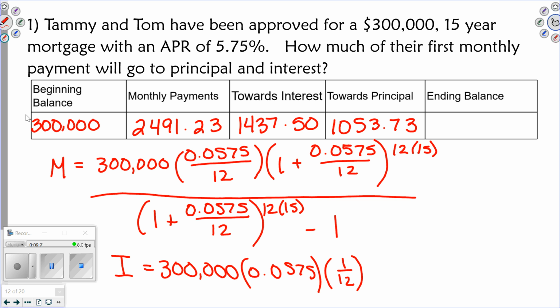So to find towards principal, you just take your monthly payment, $2,491.23, and subtract off the interest part. Again, if you look at the back of your red paper, right underneath towards principal, it says monthly payment minus interest.